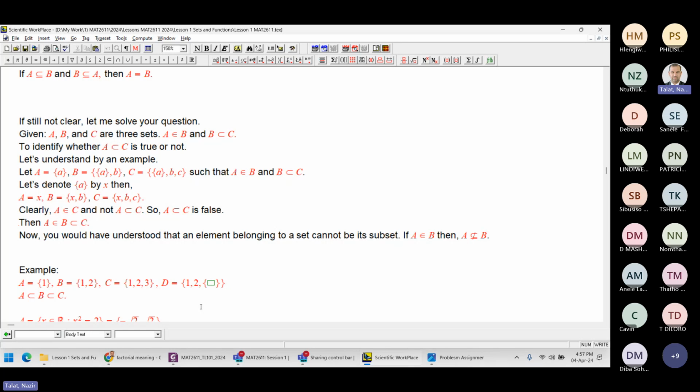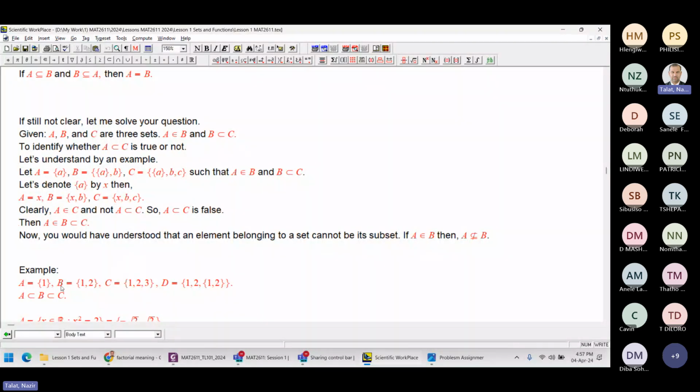Yes, the set {1, 2} should be inside the bracket. Fine. Now is the set B complete? Okay, fine. Now let's see.